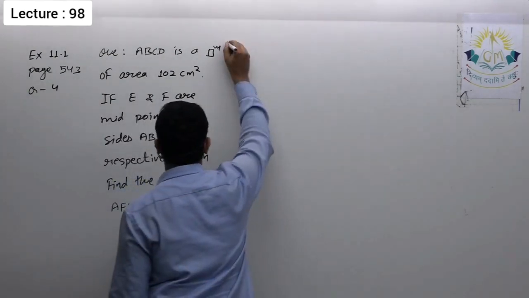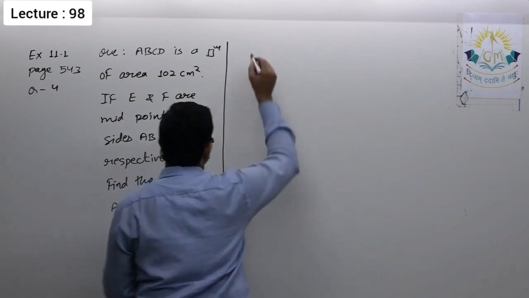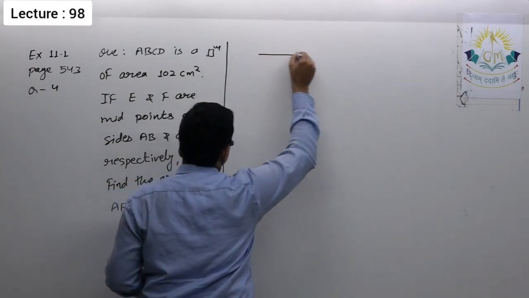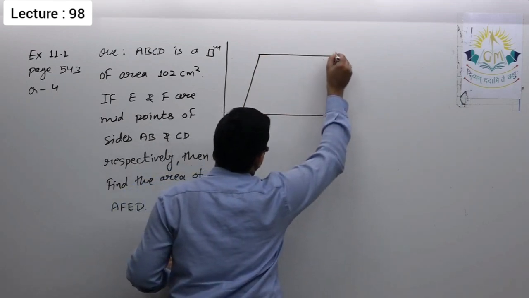So let us draw its diagram, then we'll get to know how we have to proceed further. It is given ABCD is a parallelogram. So this is ABCD.